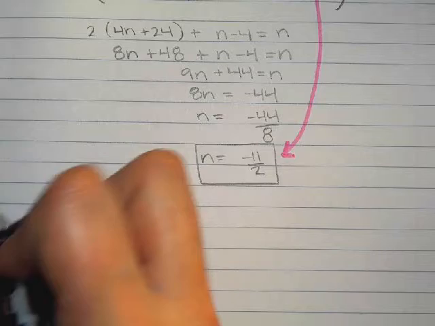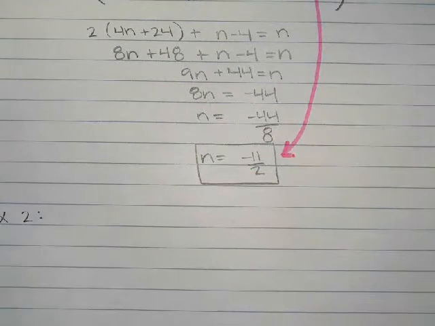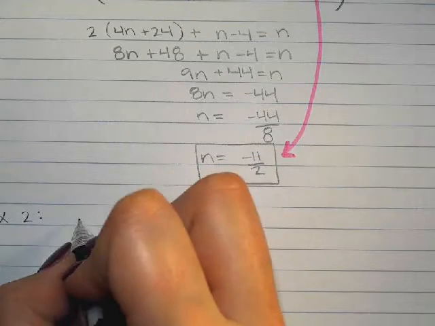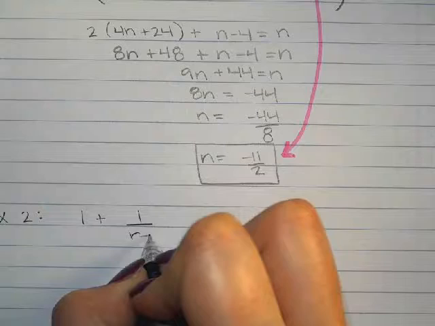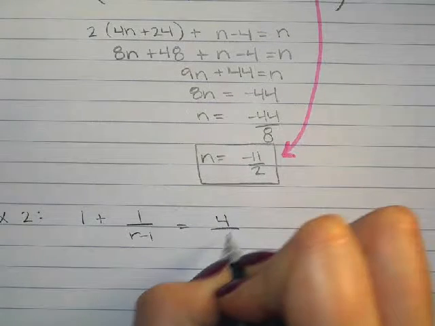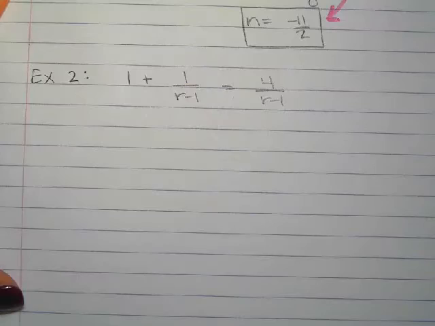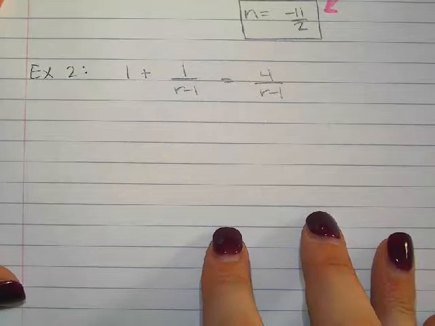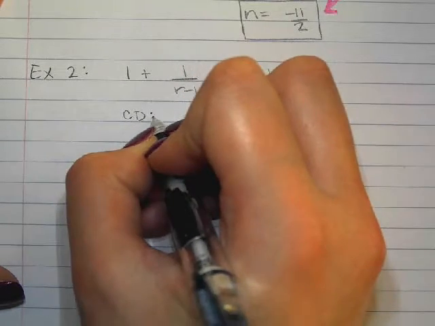Example 2. For this one, we're going to say 1 plus 1 over r minus 1 equals 4 over r minus 1. So our common denominator would be what?